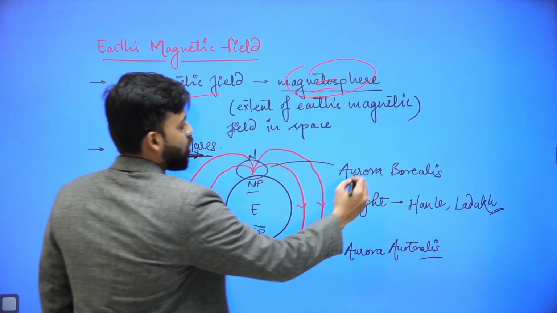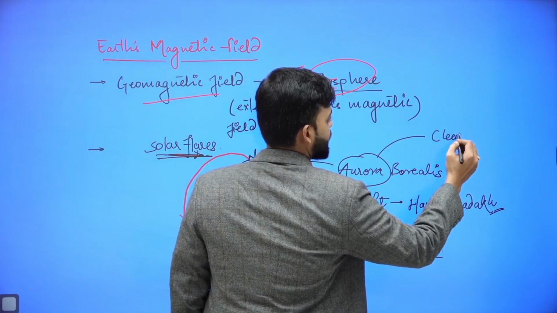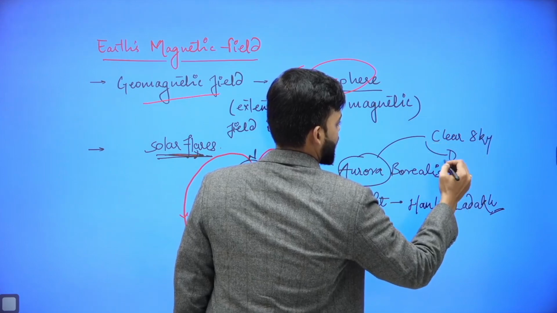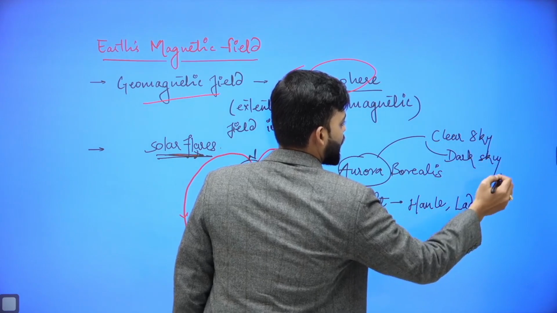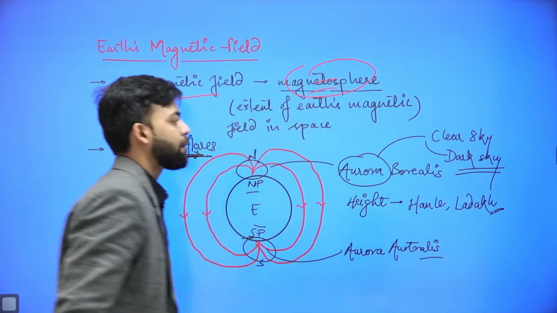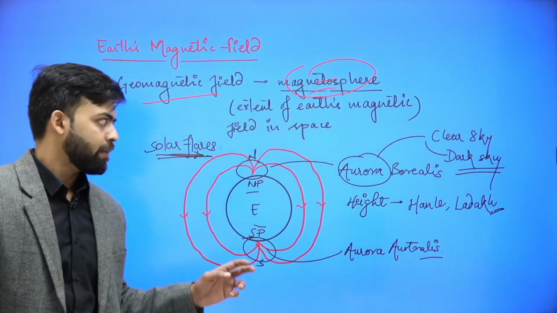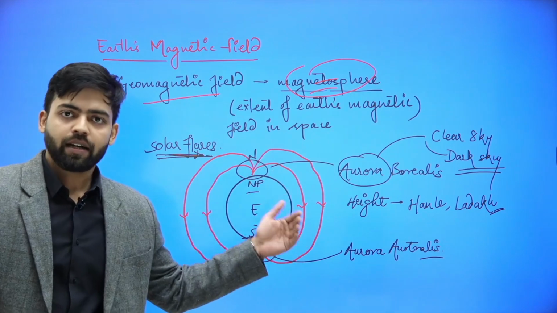Now, to see aurora, there are preconditions like clear sky as well as dark sky. Aurora is also visible in evening or during daytime, but it is clearly visible when the sky is dark and clear.